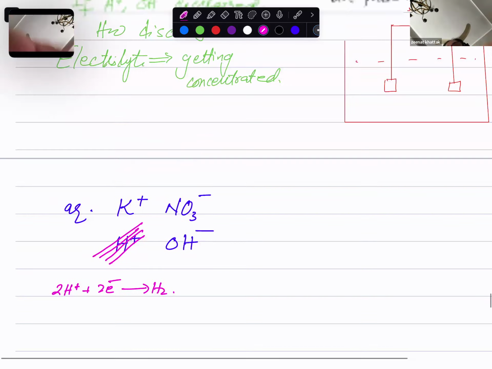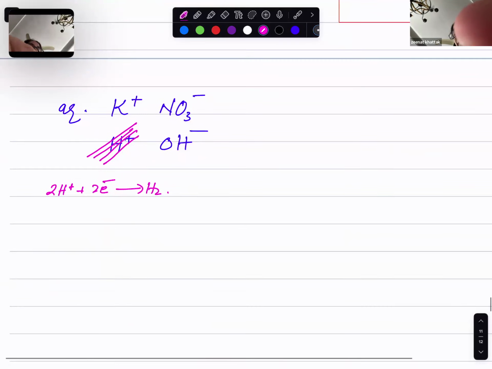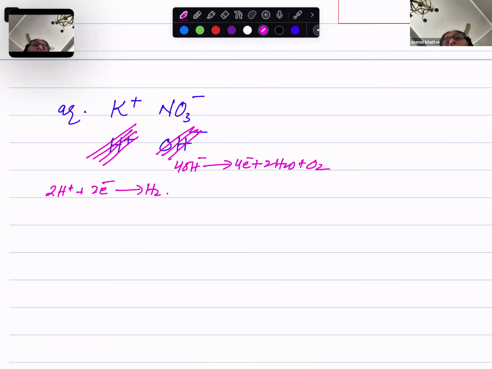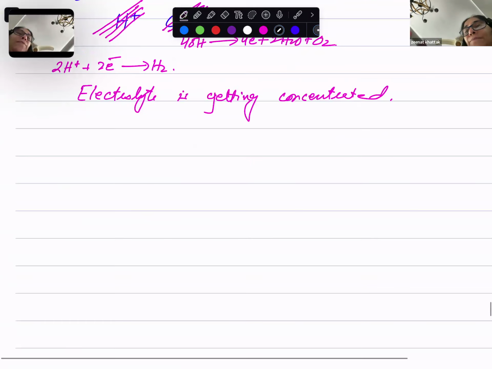Among nitrate and OH, nitrate never loses electrons, so it's OH. So what is left? The K and nitrate remain, and the electrolyte is getting concentrated.